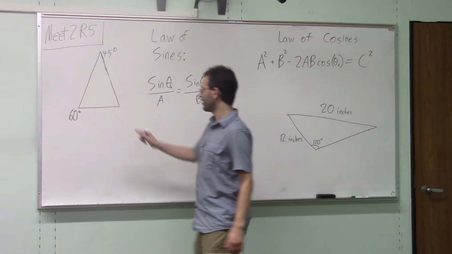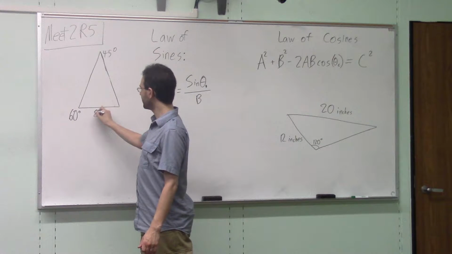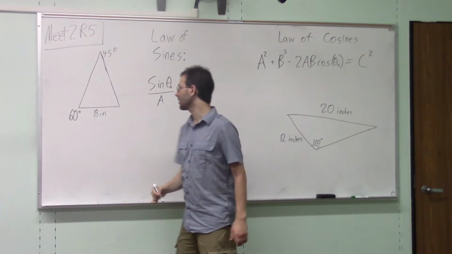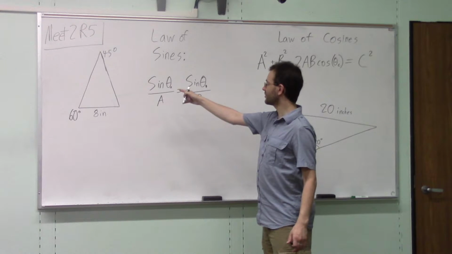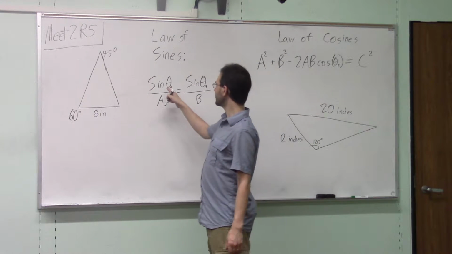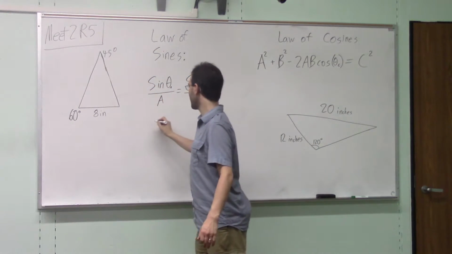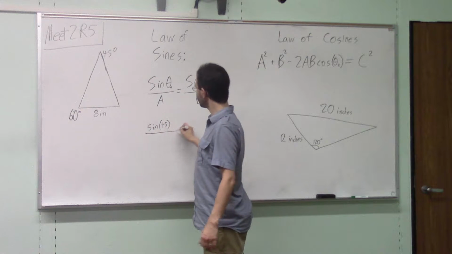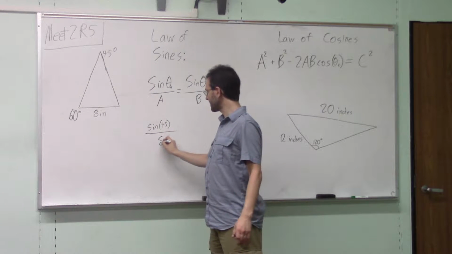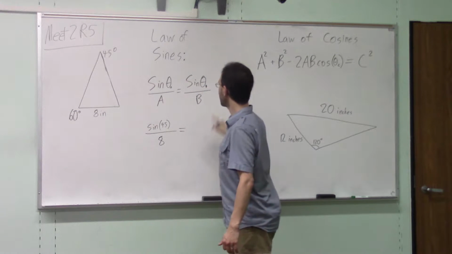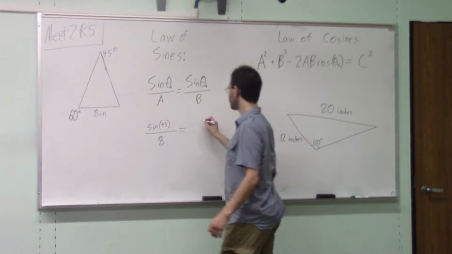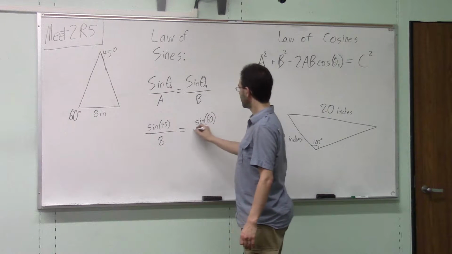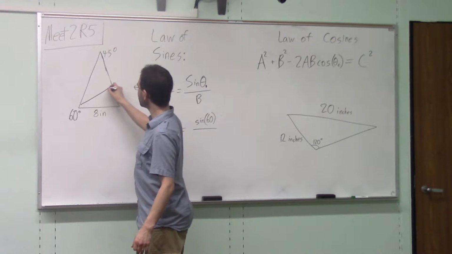So now let's say I know that this is 8 inches long. It's opposite a 45-degree angle. And this is the relationship between sides and angles. Basically, the sine of a 45-degree angle is to the length of the side opposite it, just as the sine of this 60-degree angle is related to the side opposite it.